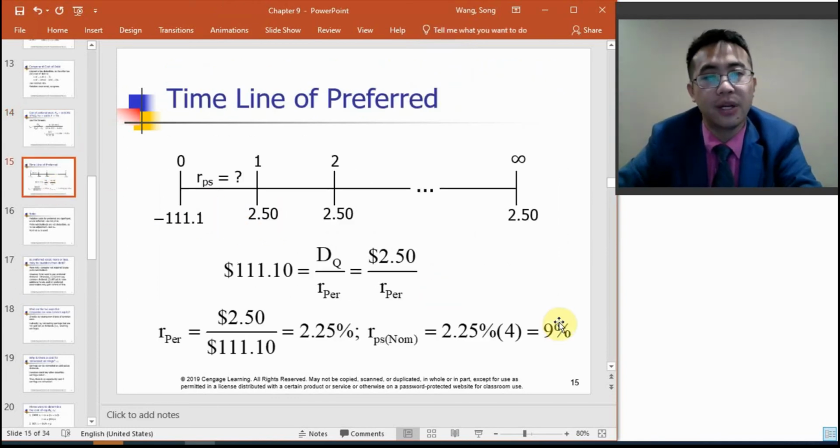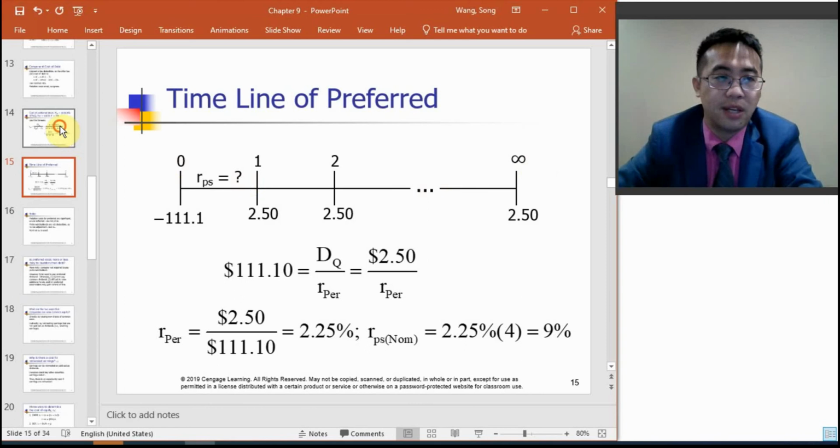If we lay out the cash flows generated by this preferred stock, each quarter, well, this is a stock with a quarterly dividend payment. So each year they pay $10, then each quarter they pay $2.5. So that's quarter one, quarter two, all the way to quarter infinity.